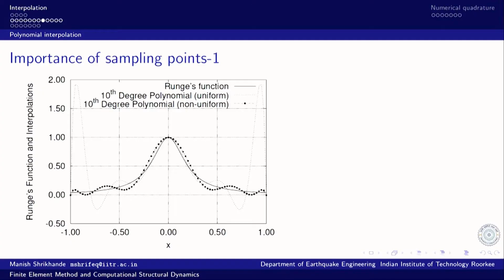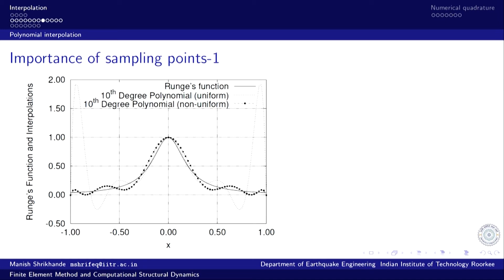Now, it so happens that this is not a very sound strategy. Although it is easier for us to do that and hope that everything will work out very well, it does not always work out so well. The dashed line you can see is the 10th degree interpolation polynomial for which the nodes were derived on the basis of the equidistant approach.